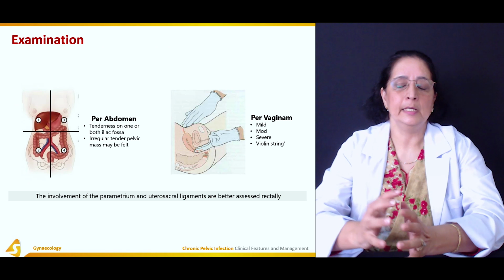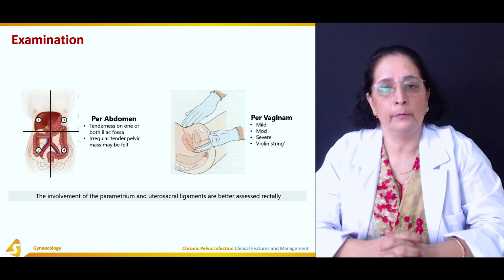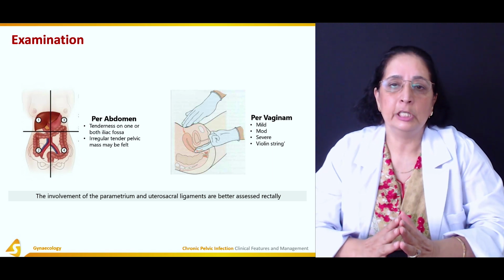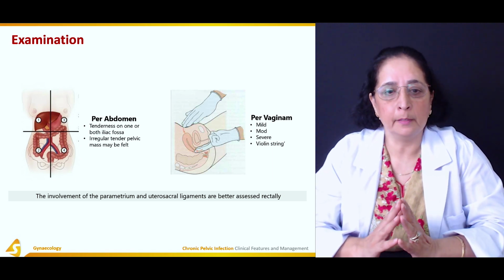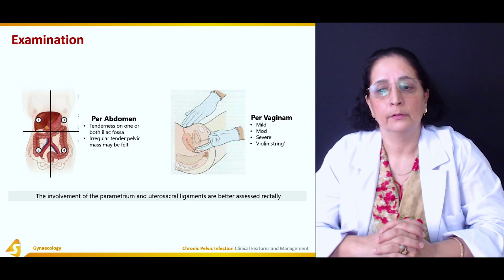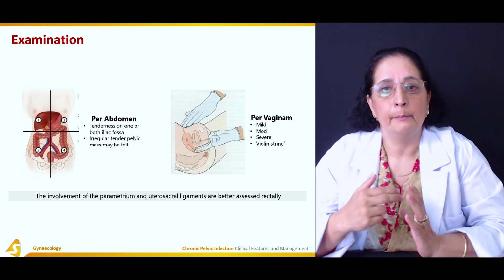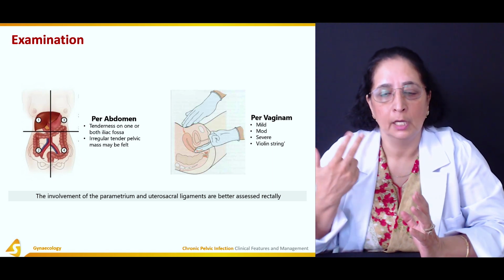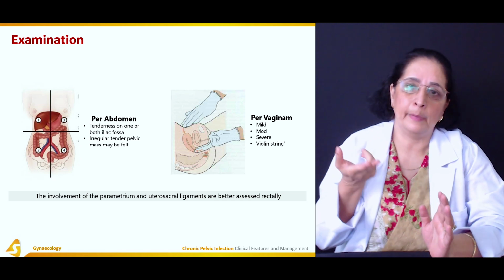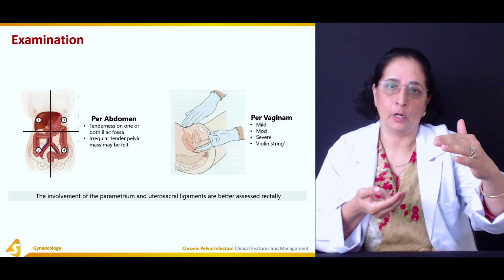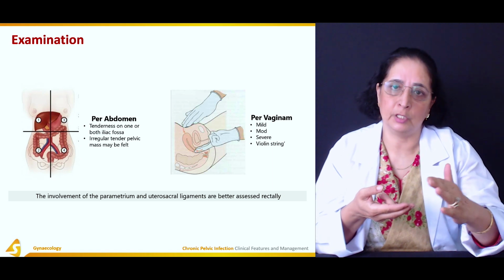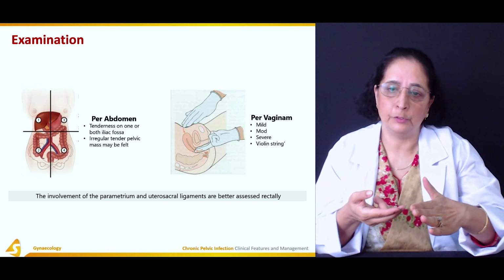Next, during the examination of a patient who complains of chronic pelvic infection, examination can be done per abdomen, meaning from the abdomen, and per vaginum, through the vagina, by bimanual examination. Usually two fingers are used to do the bimanual pelvic exam. One hand is on top of the abdomen, two fingers are inserted, and the structures are pushed down through the abdomen.